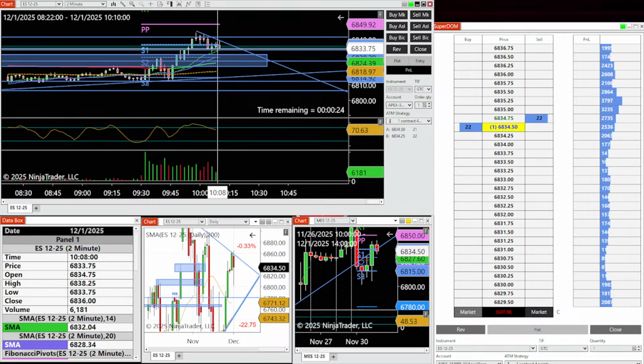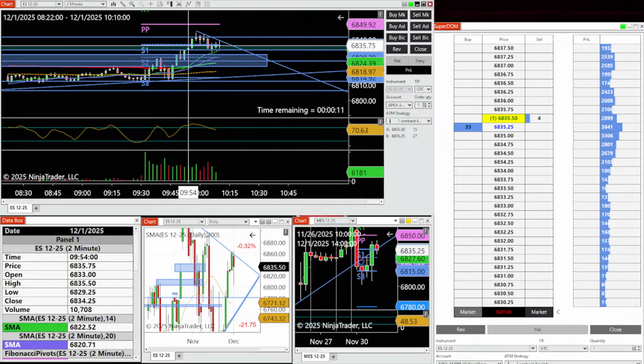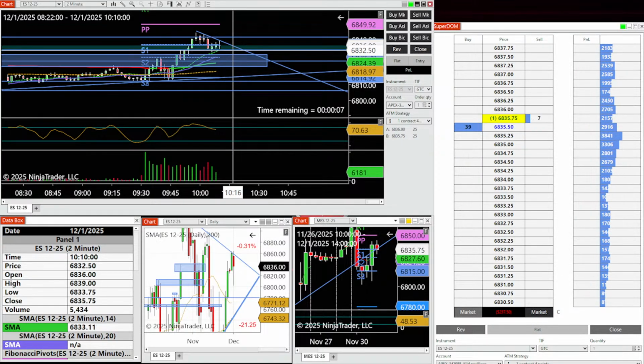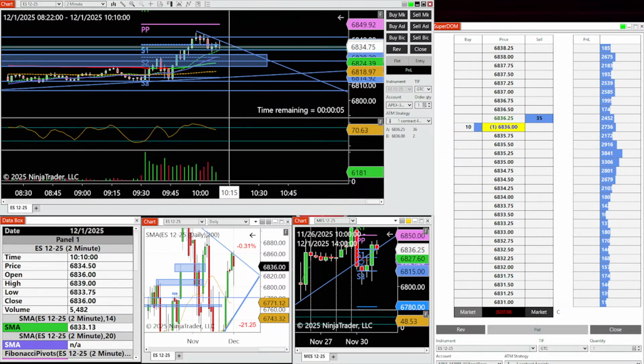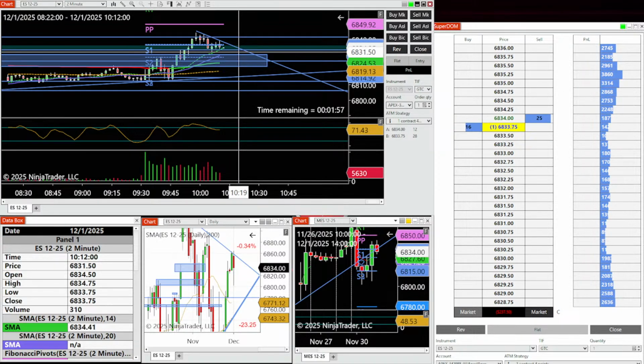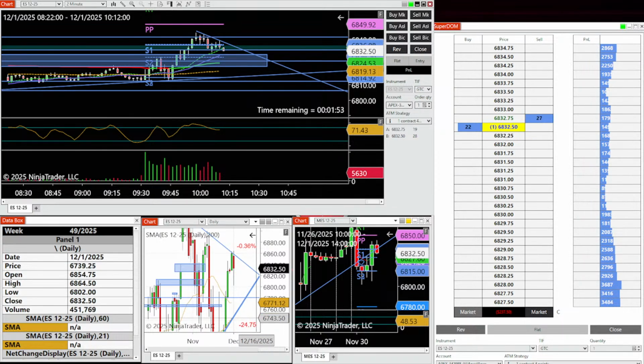Trend line rollover. Or just some consolidation. Right here, pull back, some consolidation along this trend line, break out or break down. Down 24 points for the day.